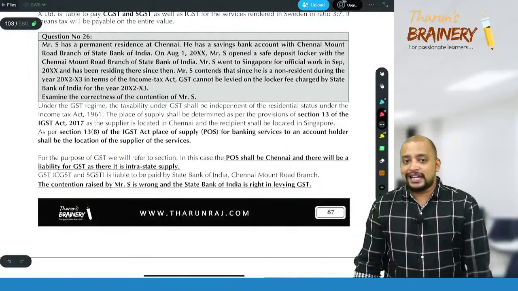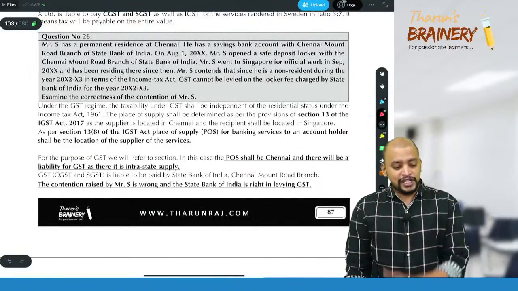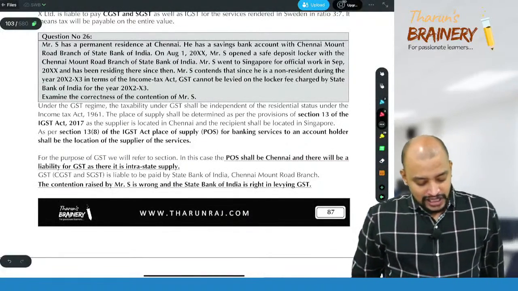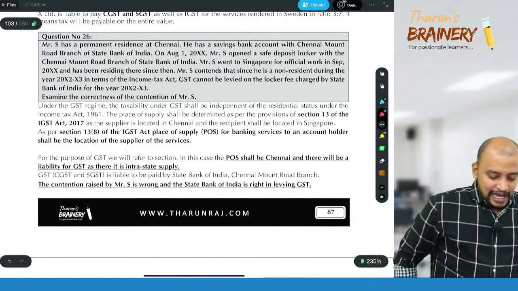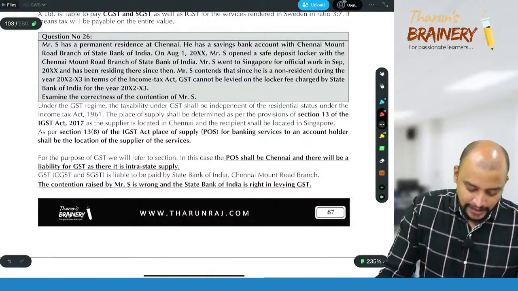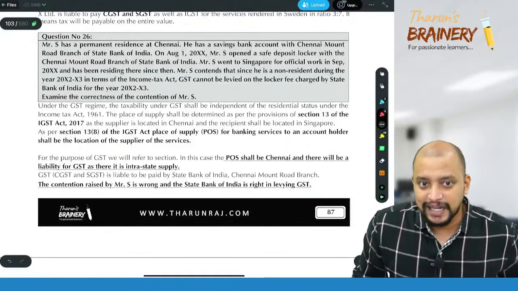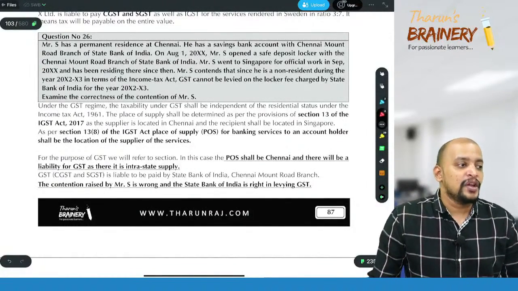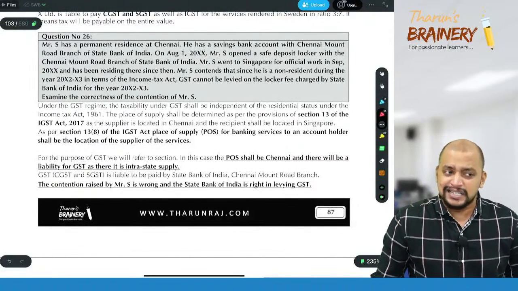So in case of banking and other financial services, the location of supplier is where? The location of supplier is Chennai. So that will be the place of supply. And can it be taken as intrastate supply? Interstate supply, deemed interstate supply. In case of deemed interstate supply, what will be the taxability? Is it there or not?